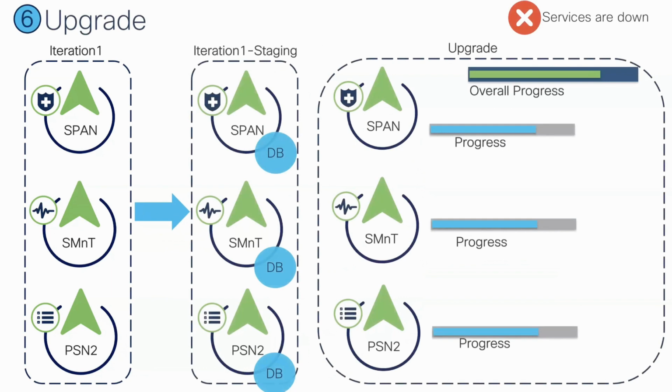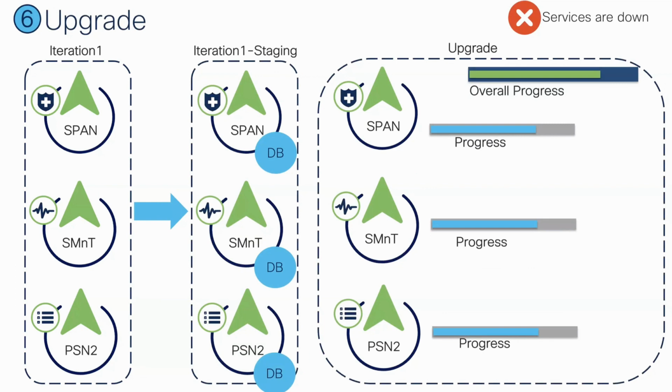And then we can go ahead with upgrading the deployment. This is where your SPAN, SMNT, PSN2 selected in iteration one go through the upgrade process, and the services are going to be disrupted from a SPAN, SMNT, PSN2 perspective.